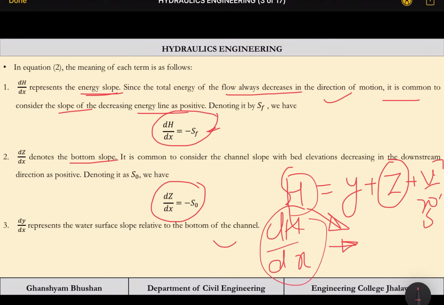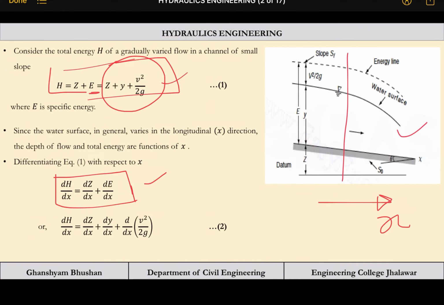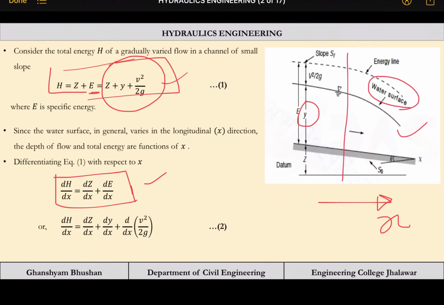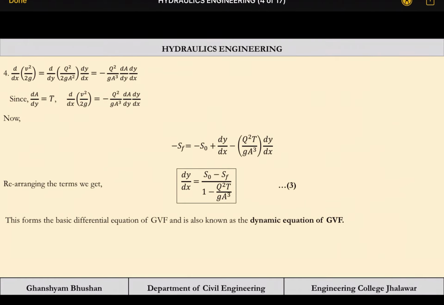Now dy by dx represents the water surface slope relative to the bottom slope, because in this diagram you can see this is the y. This is the water surface, and dy by dx will show us the water surface slope. The fourth term is the derivative of v square by 2g with respect to x.